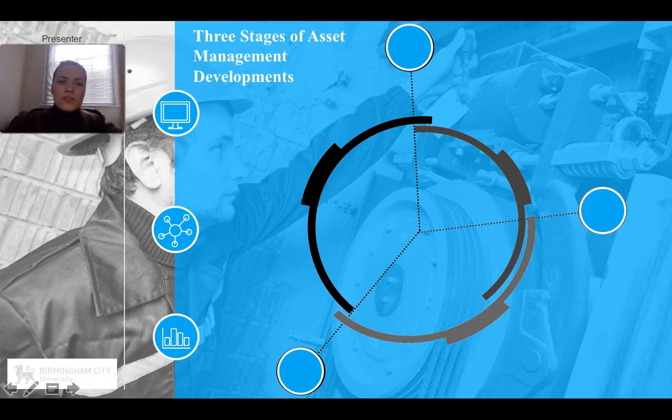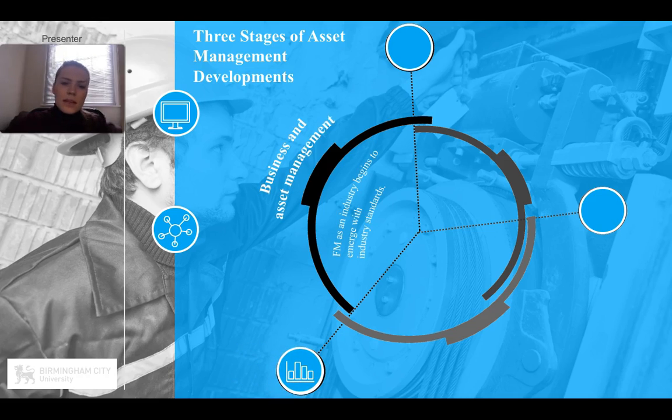There are 3 stages of asset management development, and we've seen that these 3 stages have occurred over a number of years. The early initial stage was the business and asset management awareness. So this is when facilities management as an industry begins to emerge.